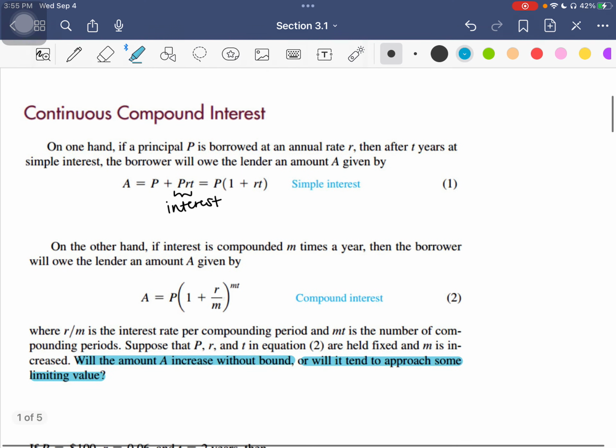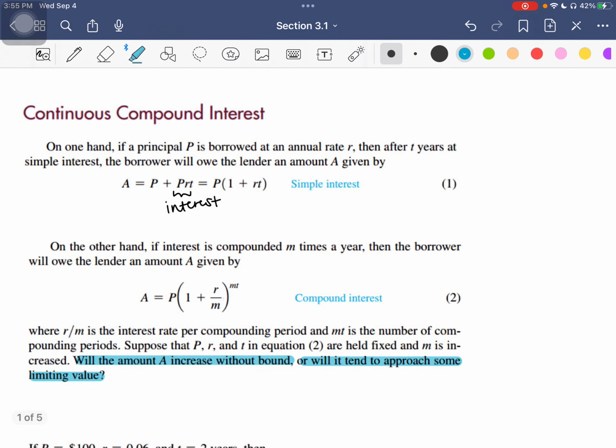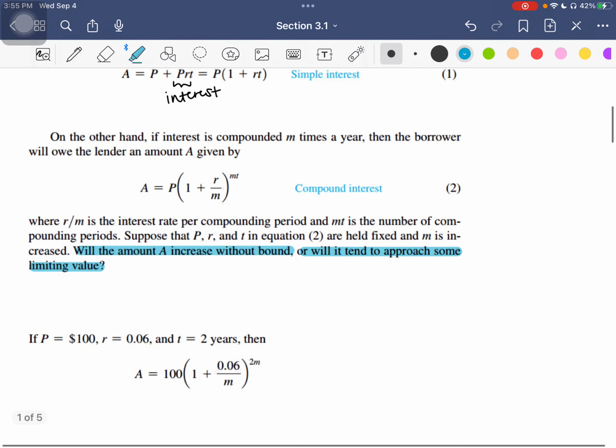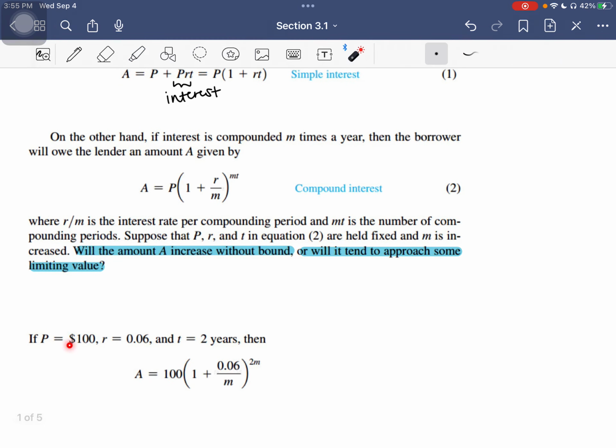Now, before we attempt to answer this question, we're going to look at several values for A, for this amount, when we have this following example here. So if we have our principal, our rate, and our time all fixed, this is our compound interest formula. So we're just plugging in our known values. P is 100, R is 6%, 0.06, and so on.